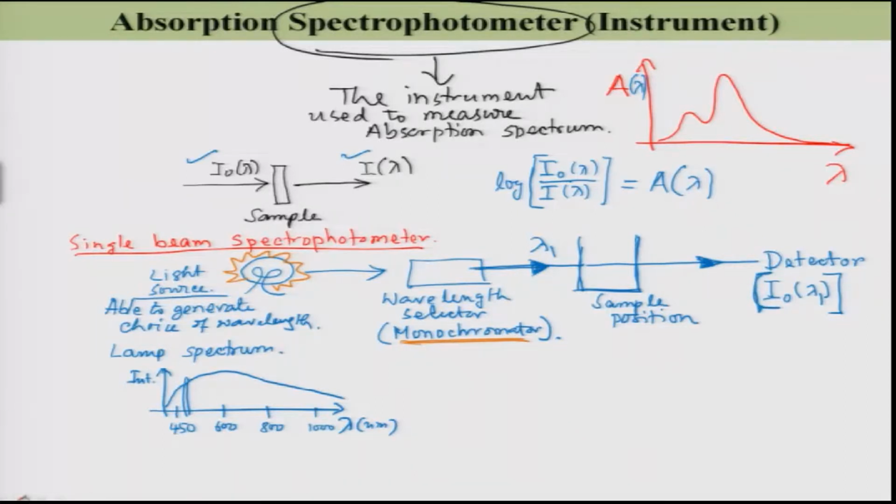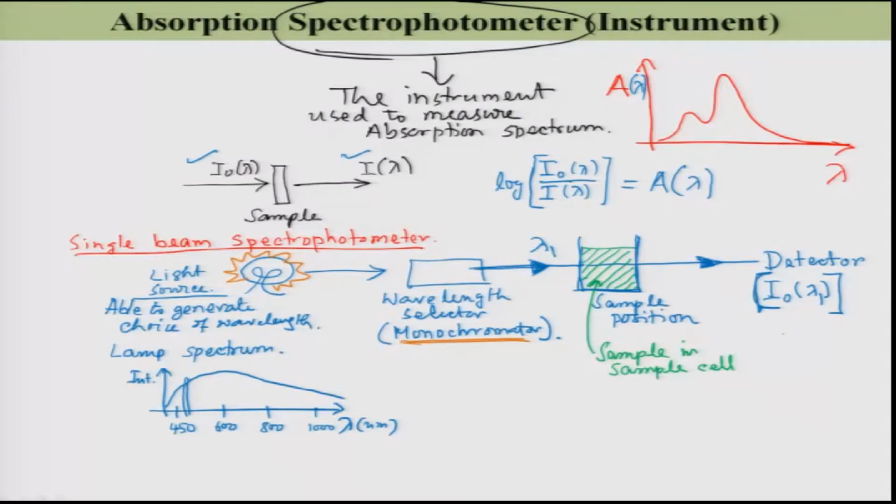Now, let me add the sample right over here. So, I have added the sample in the sample cell. Then the intensity of this light of wavelength lambda 1 will no longer be I0, because some of the light will be absorbed by the system.